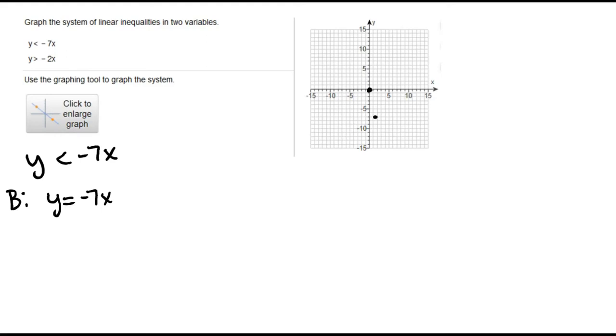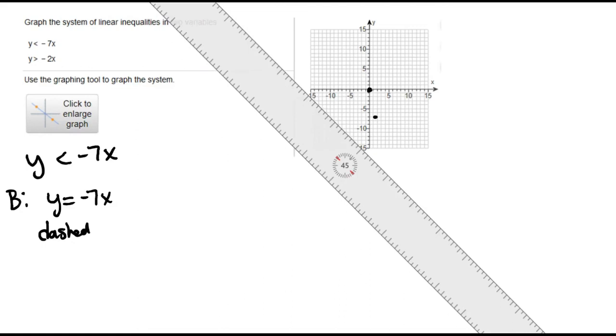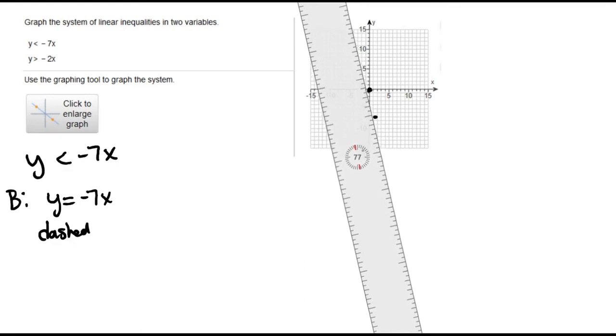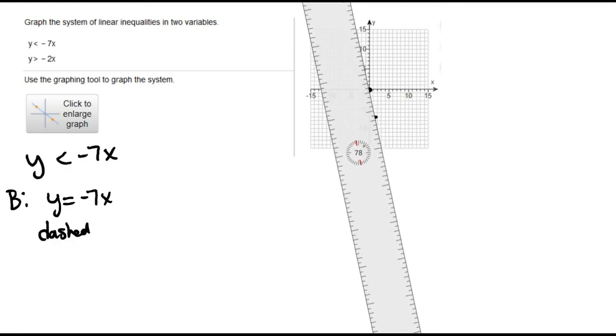And we need to draw that boundary with a dashed or dotted line because our inequality doesn't have an equal to. Let me get my ruler to help me out here. We're drawing this with a dashed line.